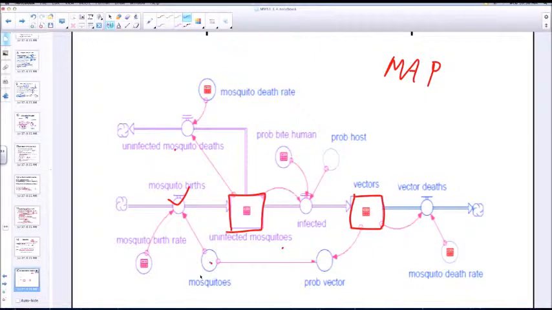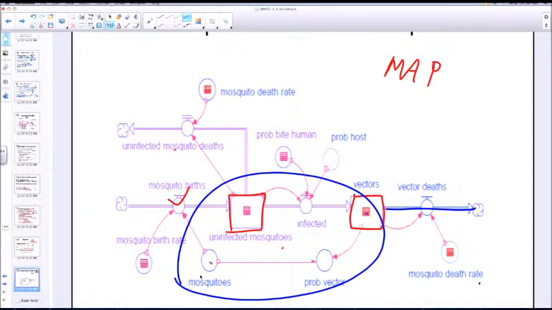For the vector, the death rate is the same, equal to the mosquito death rate times the population of vectors. Easy part.